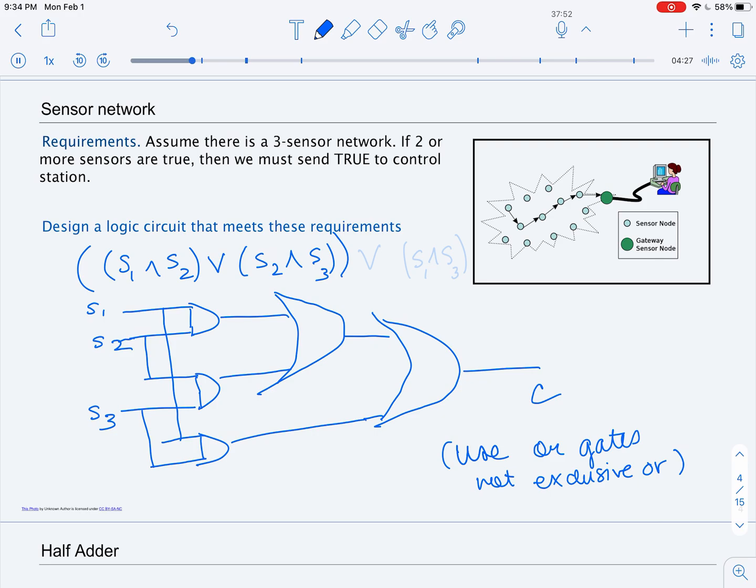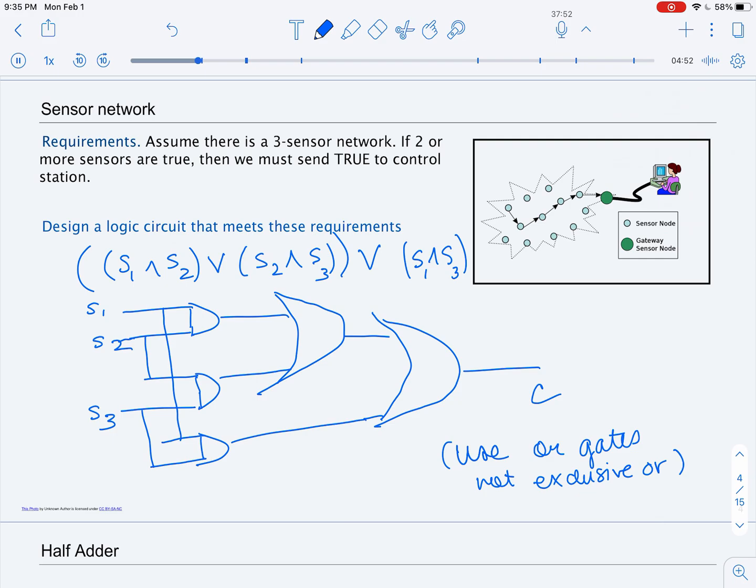And then the last gate is checking S1 and S3. And we're just taking the OR of that input with the OR of the previous one.